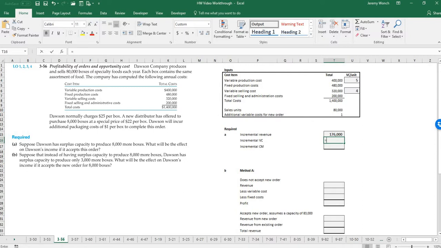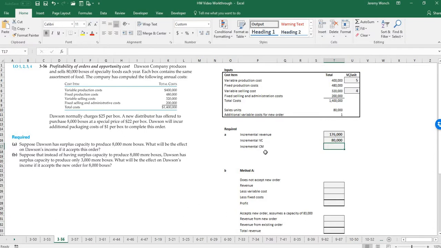Now for our cost related to this, we're going to sell 8,000 units, and our variable cost is going to be our 5 from up here plus our 4 for the variable selling cost, plus we're going to have $1 extra variable cost for packaging for accepting this deal.